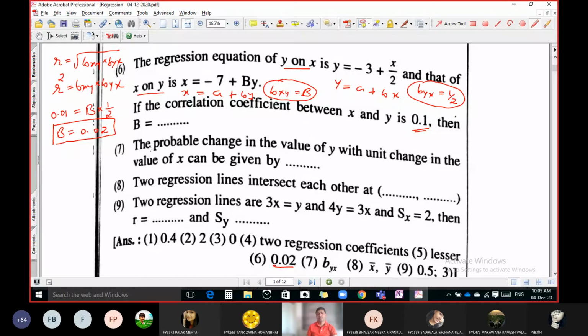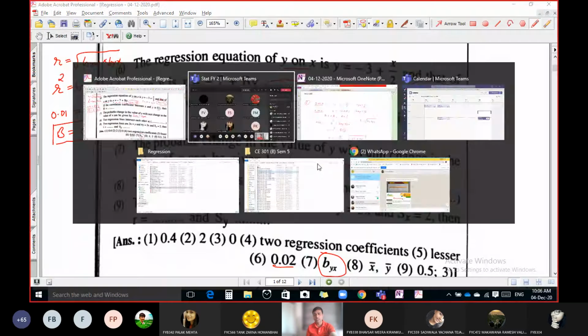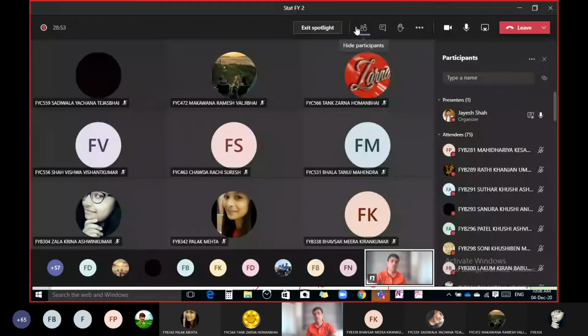Okay, next question. The probable change in the value of y with the unit change in the value of x can be given by, the answer is byx. Why? Because byx indicates the change in the value of y for the unit change in the value of x, and that is nothing but the slope.